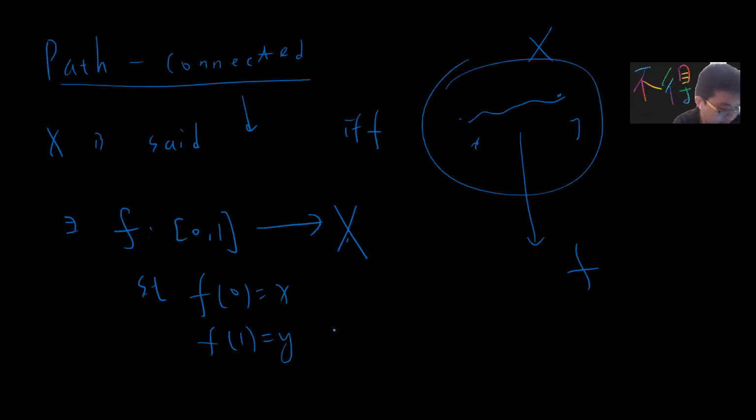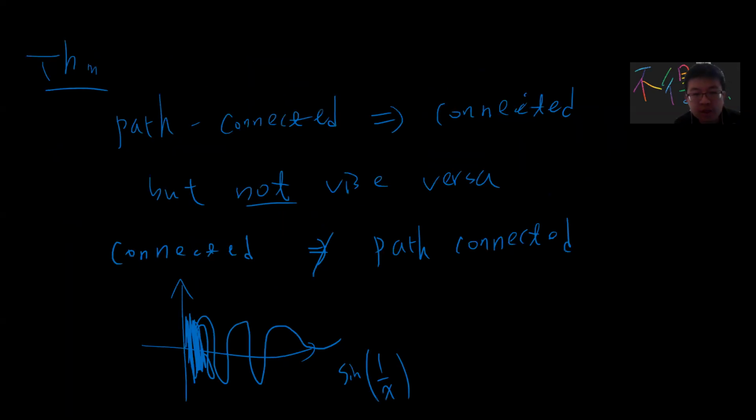This is one example. This function is connected, right? You cannot separate it into two pieces, but it is not path connected.